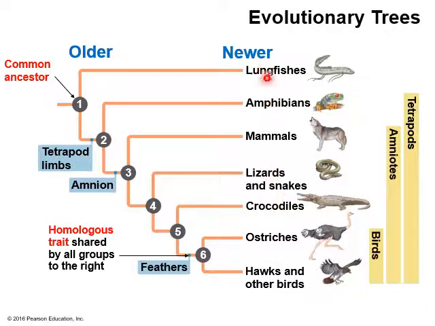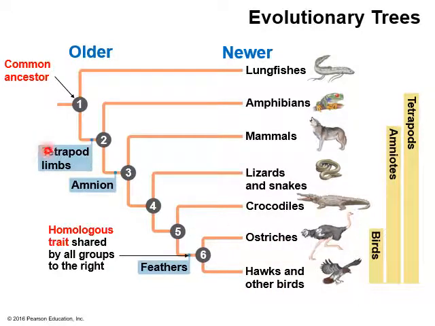Feathers couldn't have evolved back here, because then this common ancestor would have given feathers to all the things that came after it. Instead, feathers must have evolved here, sometime after birds split off from crocodiles. So feathers are here, which is why all of these things have feathers.